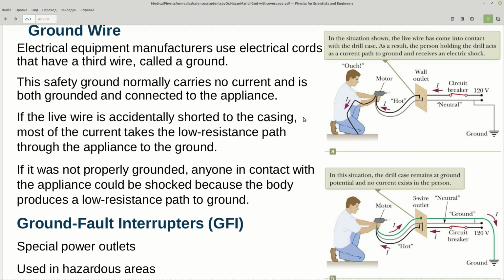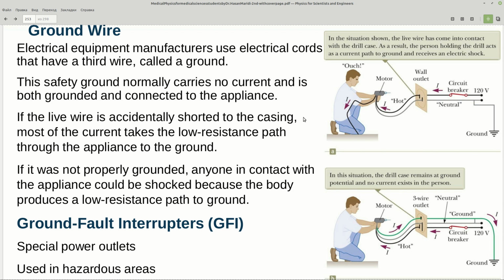Ground fault interrupters, GFI. We don't have them here in Ukraine, but this is the exact term; it has another interpretation elsewhere. Ground fault interrupters are special power outlets, these three wire outlets.